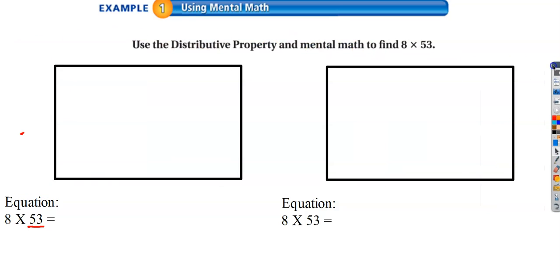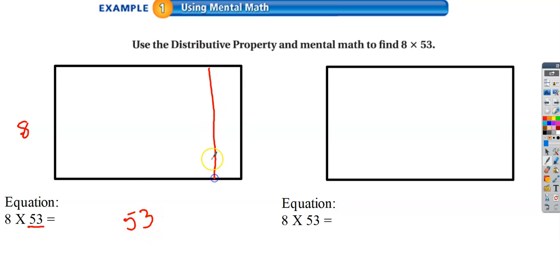Okay, so the area of this square is 8 times 53. So I have 8 and I have 53, but I want to take the 53 and break it up. And it makes sense to break it up like this as 50 plus 3, right? Because this is 5 groups of 10 and there's my 3.